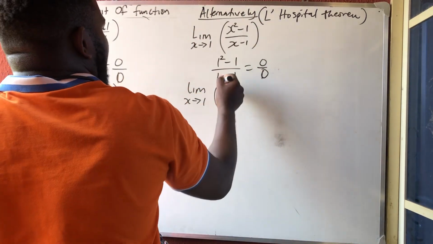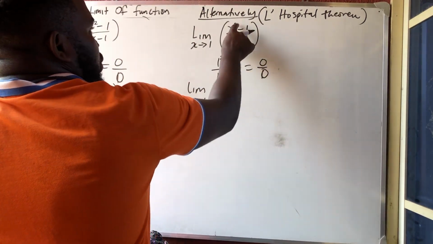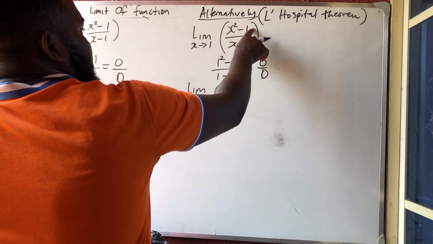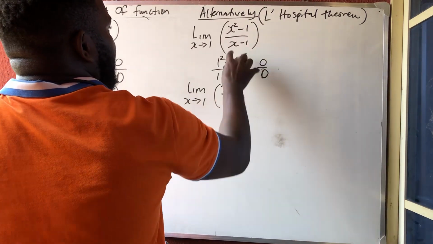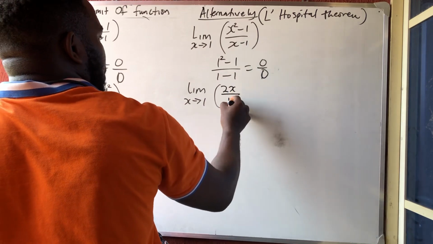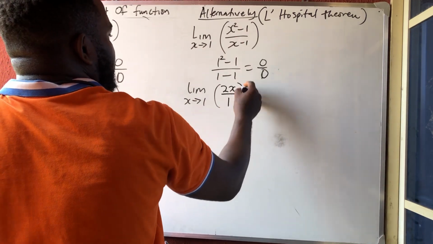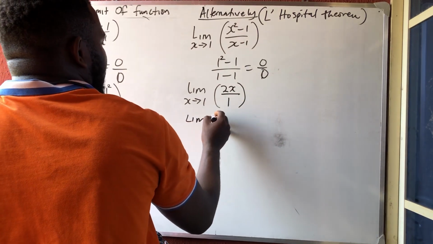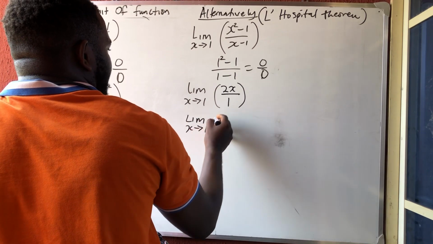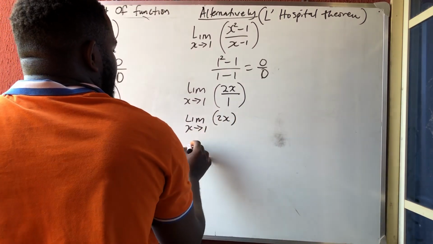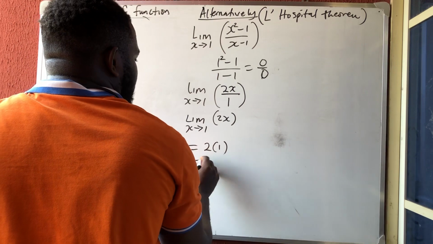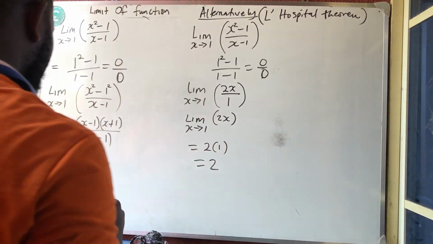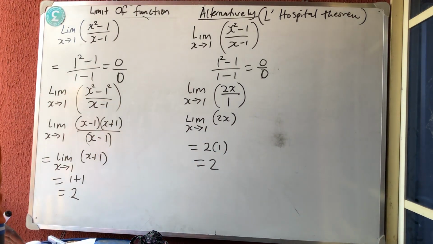If I differentiate up, I'm having 2x. Differentiation of x squared is 2x, differentiation of 1 is 0, all over differentiation of x, which is 1, and differentiation of 1 is 0. So I'm having the limit as x approaches 1 of 2x remaining, which is 2 times 1, which is 2. So you see, we have the same answer.